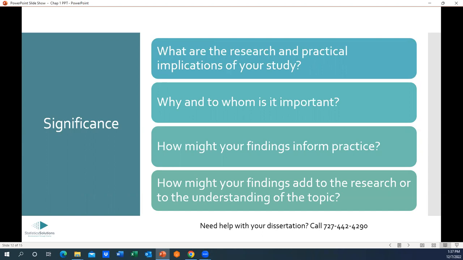Say you're doing an education study on principals. Well, how can this information inform what principals do at the ground level, right? How can it inform administration, what administrators do? So that's what that means. How might your study get information that people can use in practice?